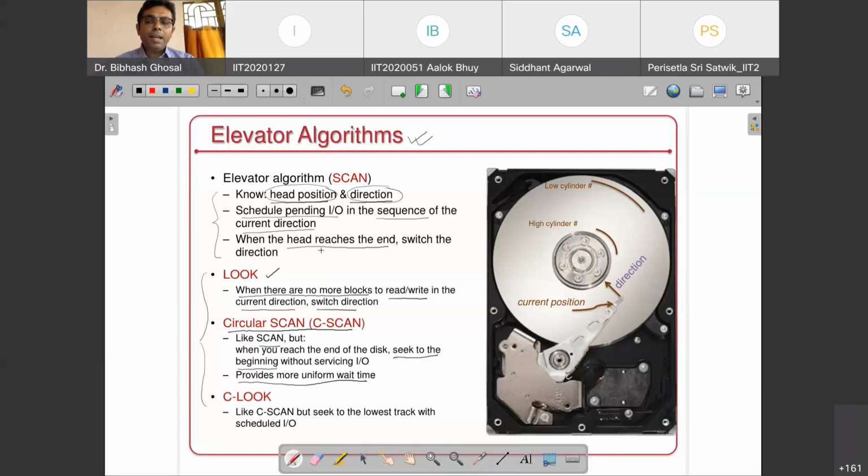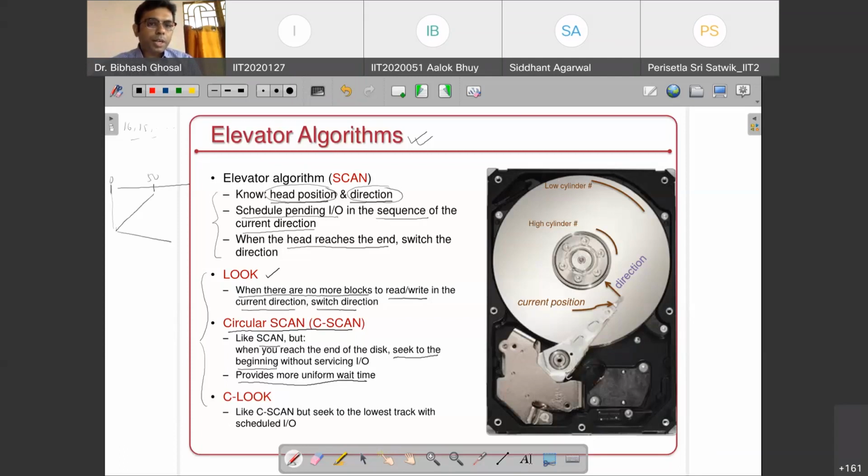Scan means when you start, you go till the end. Okay, let me show you the difference. Here you started at 50, right? There were some requests coming, 16, 15, etc. So scan says that once you started moving in a particular direction, you go until you reach the end, which is 0.